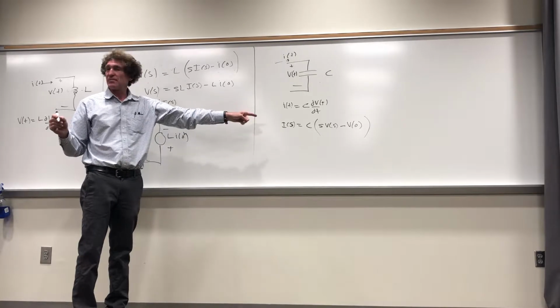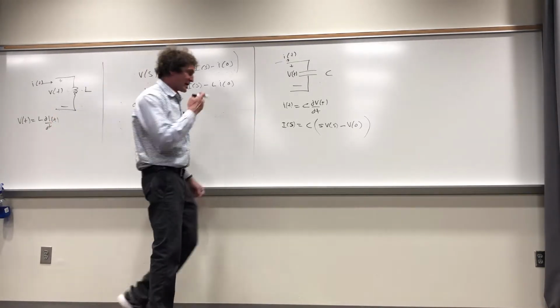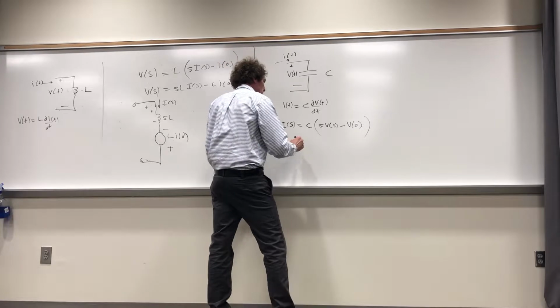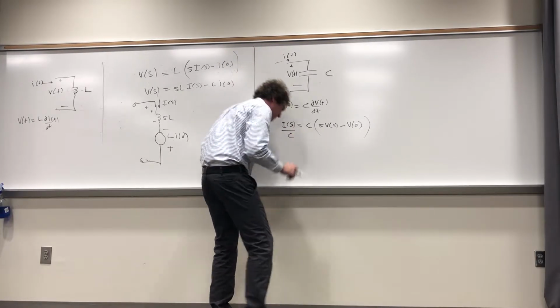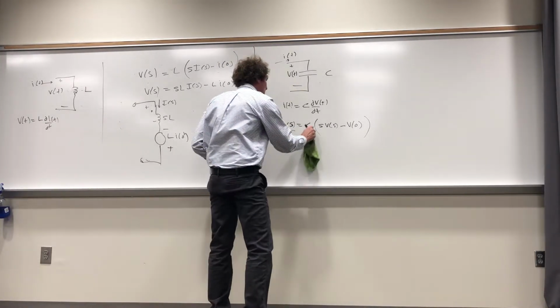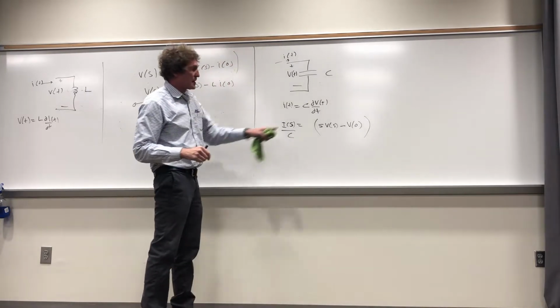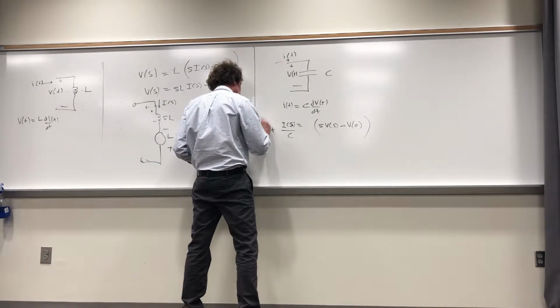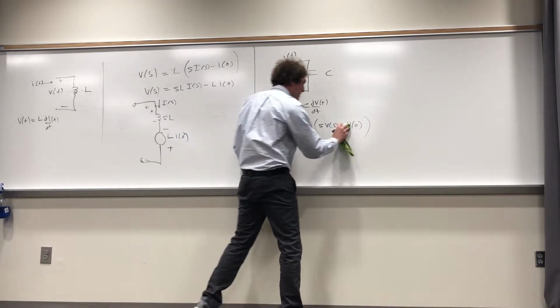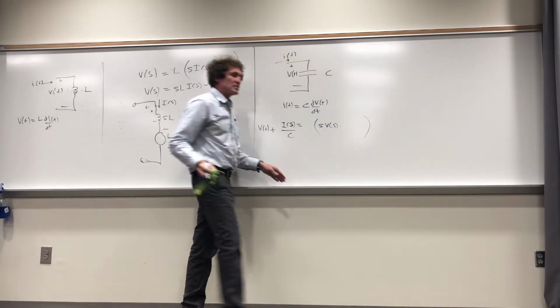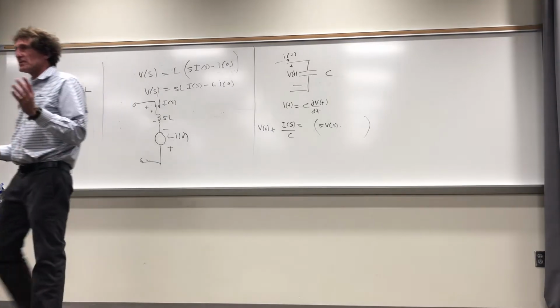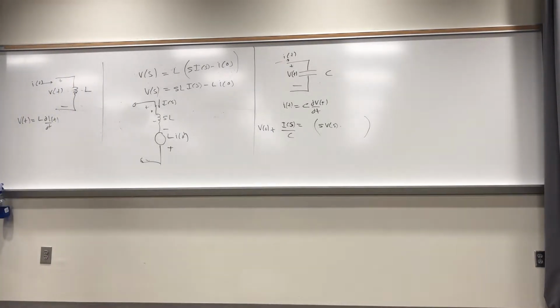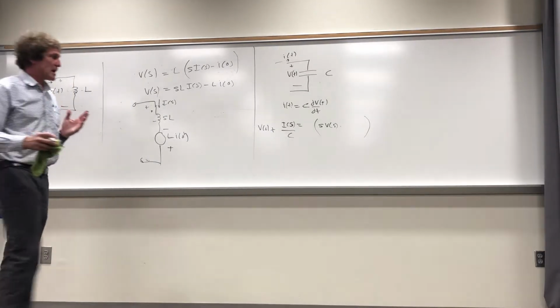I want to get in terms of V, not I. So if I take a look at this, first thing I'm going to do is divide by C, and I get rid of that term. And now I take V0 minus to the other side, so it's plus V0 here. I'm just modifying this so I can get V of S by itself. Are you with me, everyone? And now I divide by S.